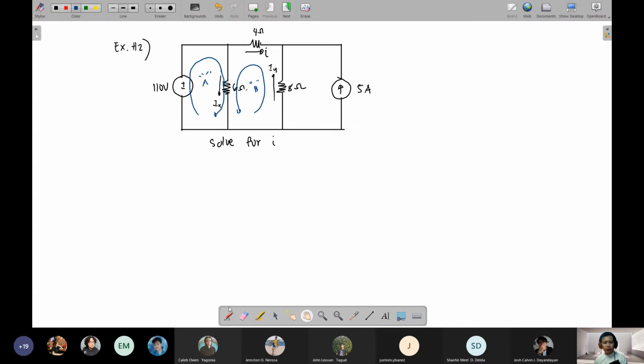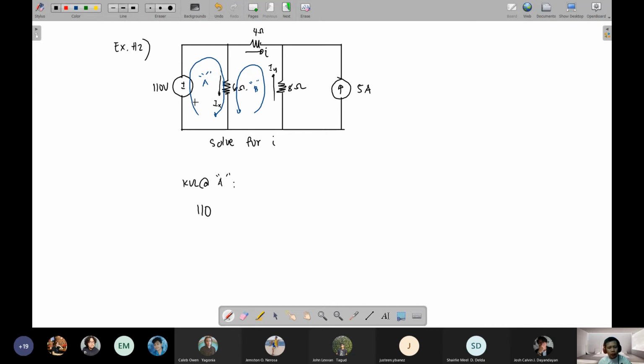Step number 3: apply KVL to the loops. First, KVL at loop A. Starting with the tail, it enters the negative side of the voltage source and exits the positive side. You follow the exit side, so you will have positive 110.